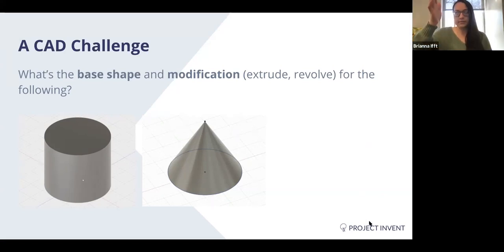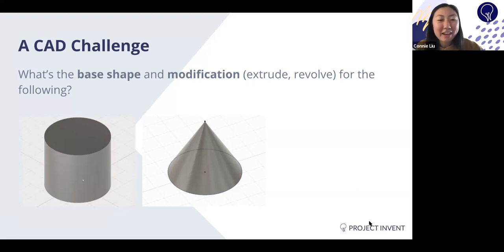You can make a right triangle and then revolve it around an axis. Exactly. And then you're able to make that cone through a revolve. Extrude would be much harder for this one, but technically you could make a lot of stacks of circles on top of each other if you really wanted to make a cone through extrusion.